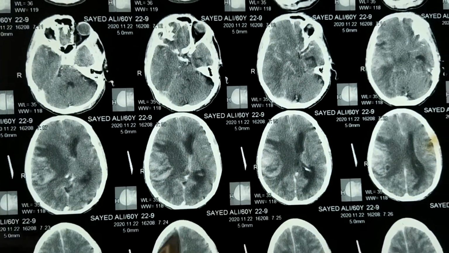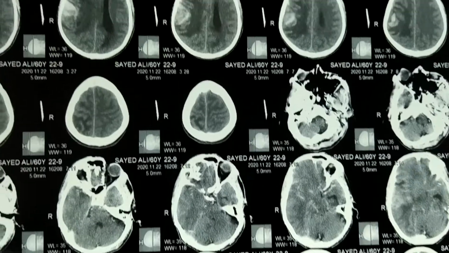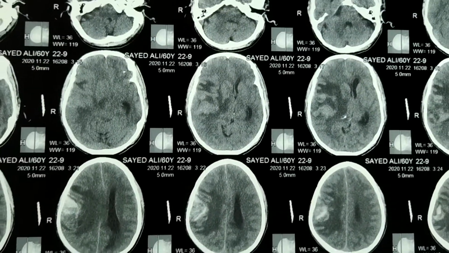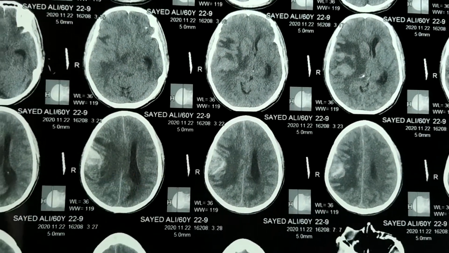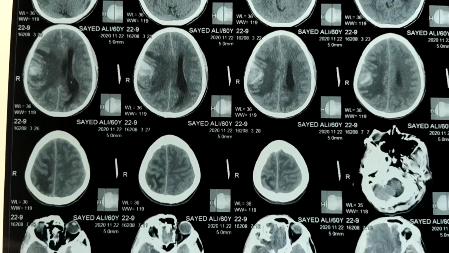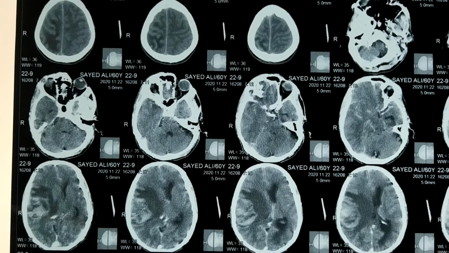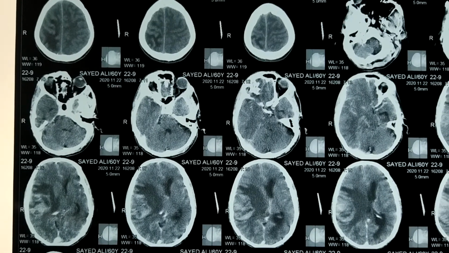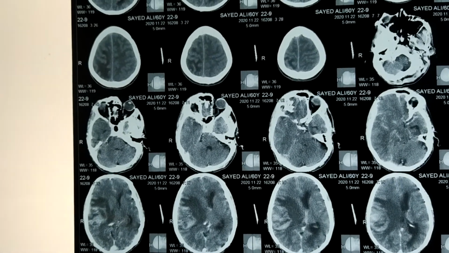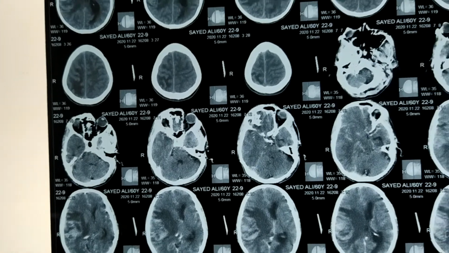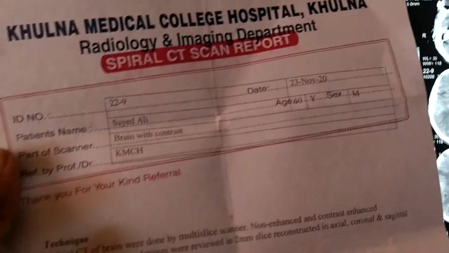These segments are more or less same as those without contrast. The radiological comment from the radiologist of this hospital, according to their language, I would like to read that report.